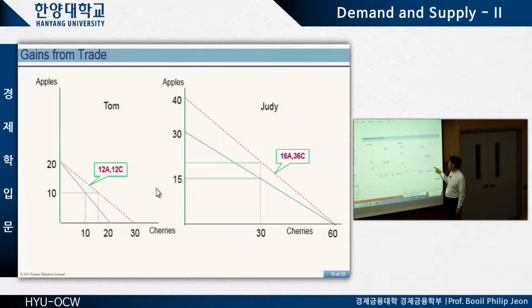If we make this area shaded, any combination in that shaded area was previously unattainable to Judy, but they are now attainable to Judy as a result of trade. But it will end right there. In other words, this area would not be available to Judy, because Tom's capacity is only 20. Do you understand?